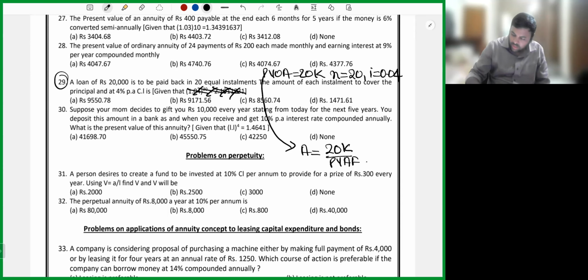So it will be 20,000 divided by 13.590. So you'll get 1471.63, approximately 1471.61. For 0.02 paise, you should not shout. Okay, so I hope question number 29 is fine. Yes, sir, it is fine.